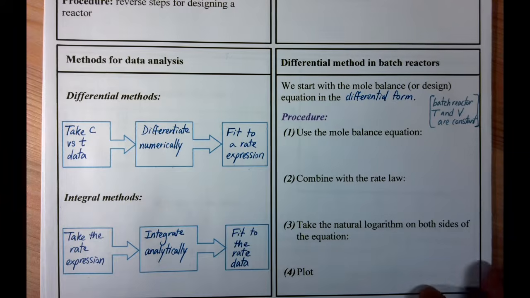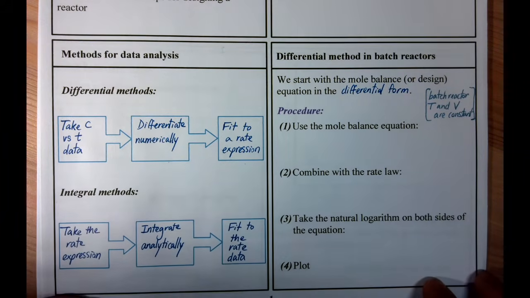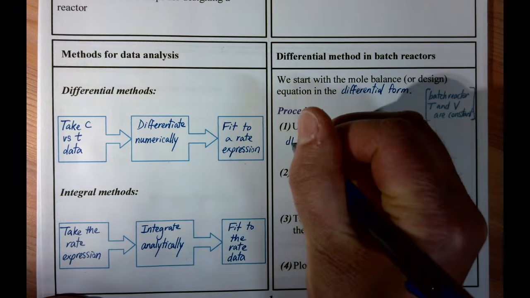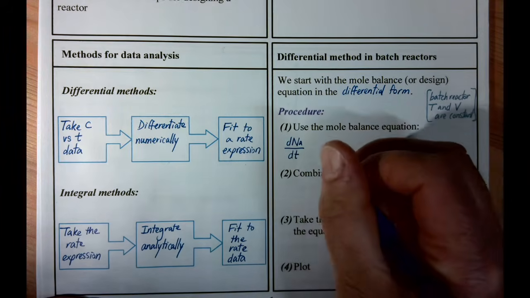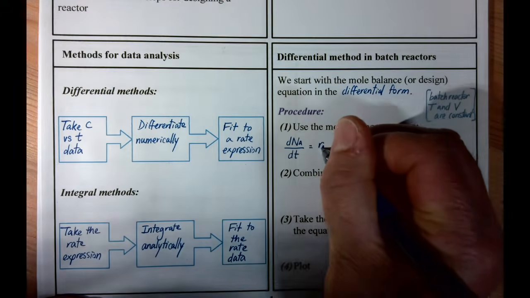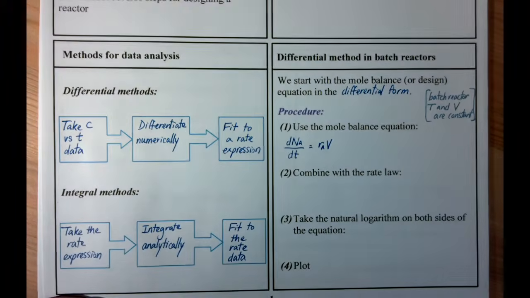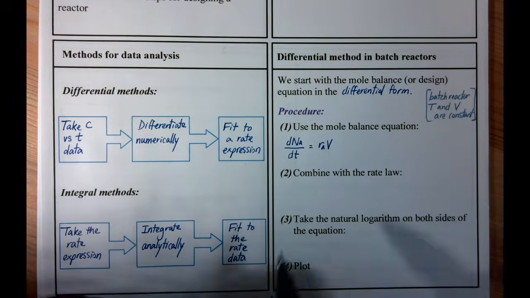So, our first step is going to be to use the mole balance equation, or the design equation, for a batch reactor, which is dNA/dt equal to RA times V. Remember, this is the differential form of the equation.